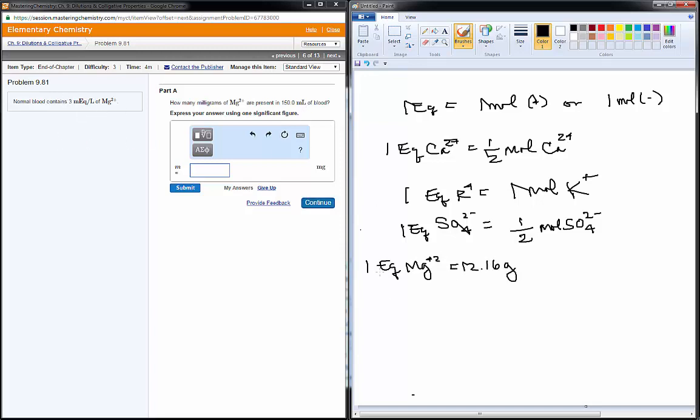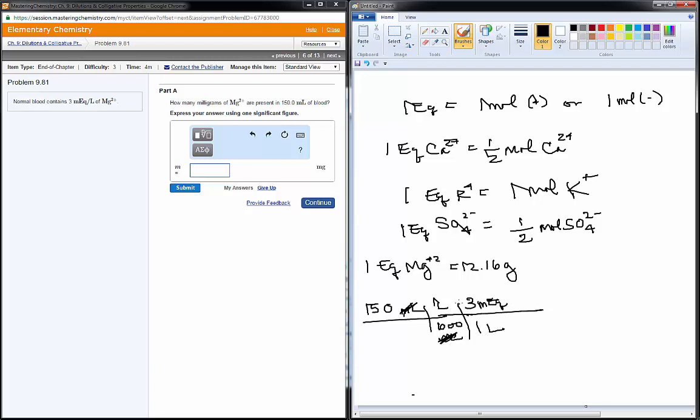Now I can just use dimensional analysis here. If I start with 150 milliliters of blood, and this is per liter, so let me convert that to liters. 1,000 milliliters, 1 liter. I have 3 milliequivalents in 1 liter.